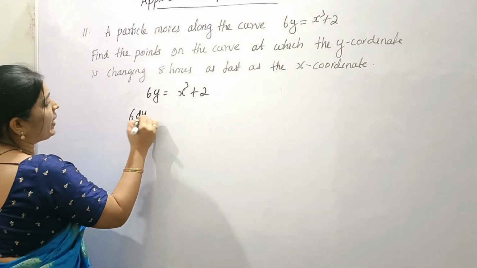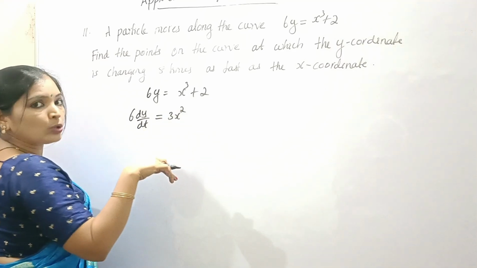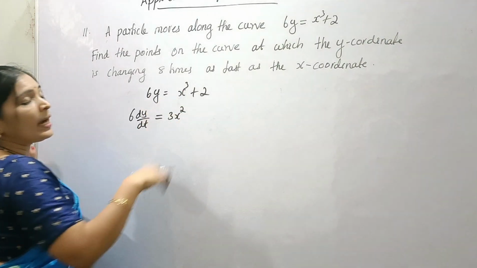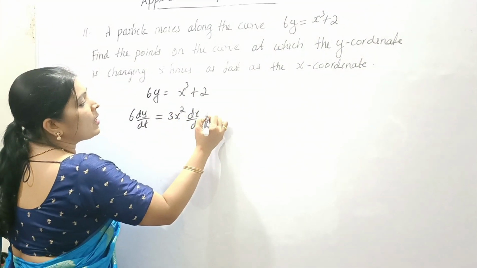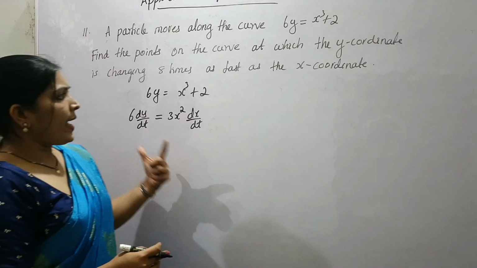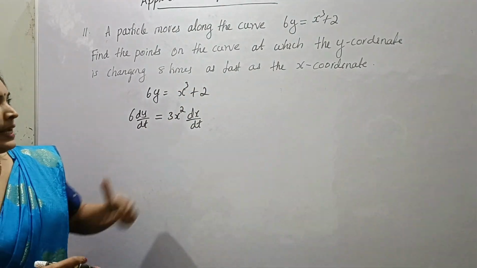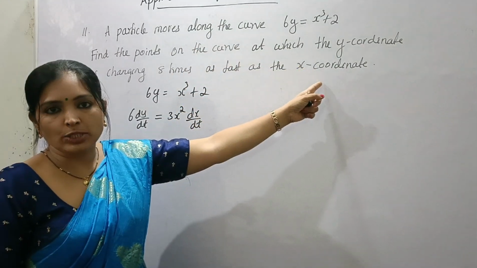So 6 dy by dt is equal to 3x square into the derivative of x with respect to t, dx by dt, plus 0. The derivative of a constant is 0. And what is the relation between them? It is given dy by dt is 8 times dx by dt.